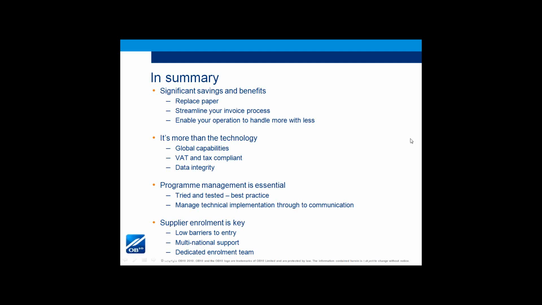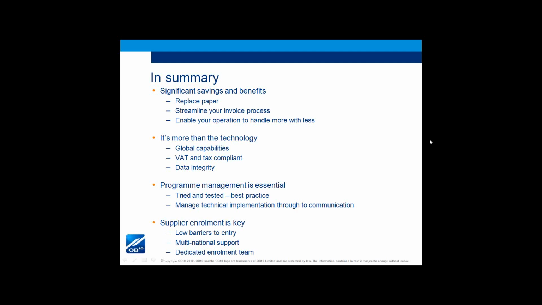Briefly going back to what we have been discussing today, yes, there is definitely huge potential for savings. Many of you have already tried to capture that into a business case. But not just savings, also the ability to optimize your processes and to enable your organization to scale to volume with less resources. But it is not just about the technology.